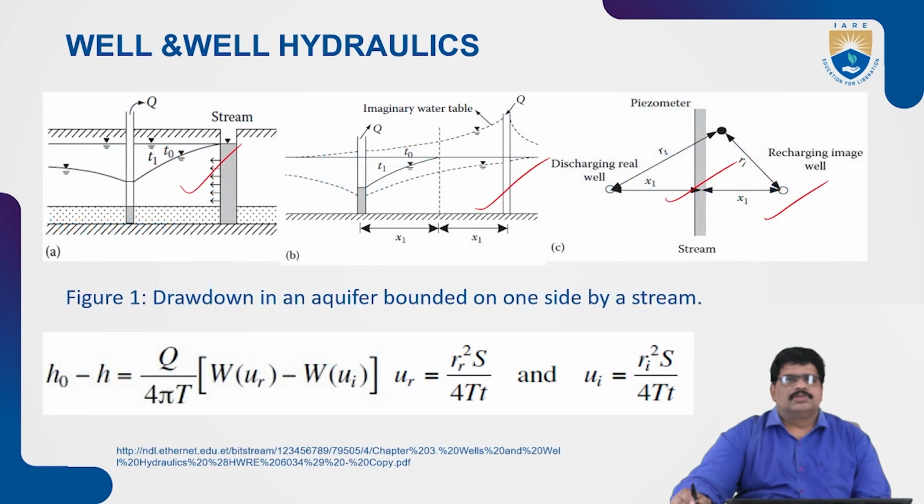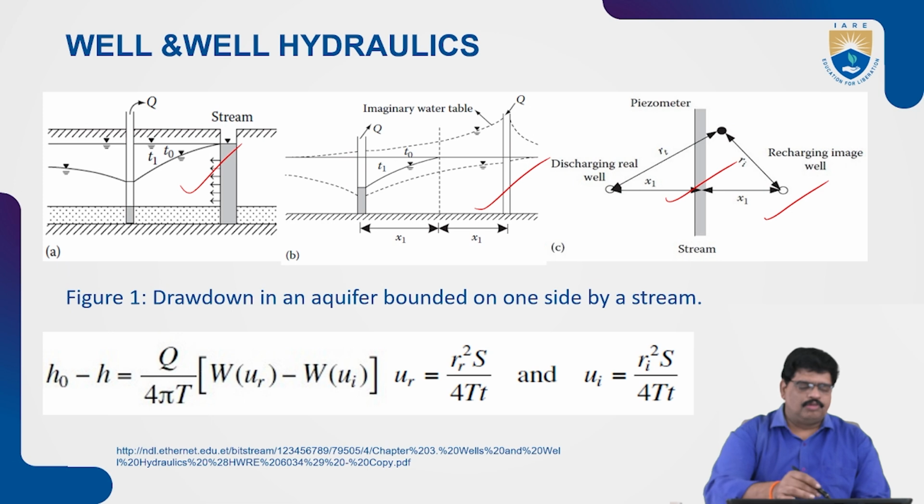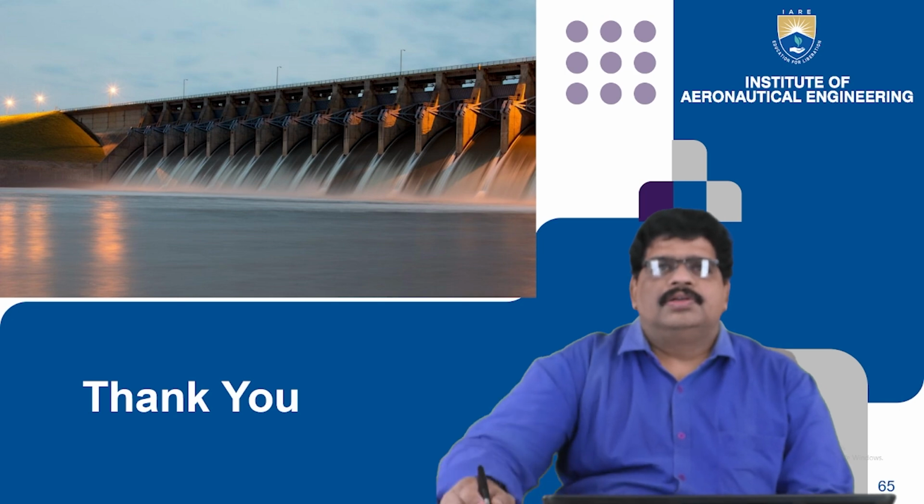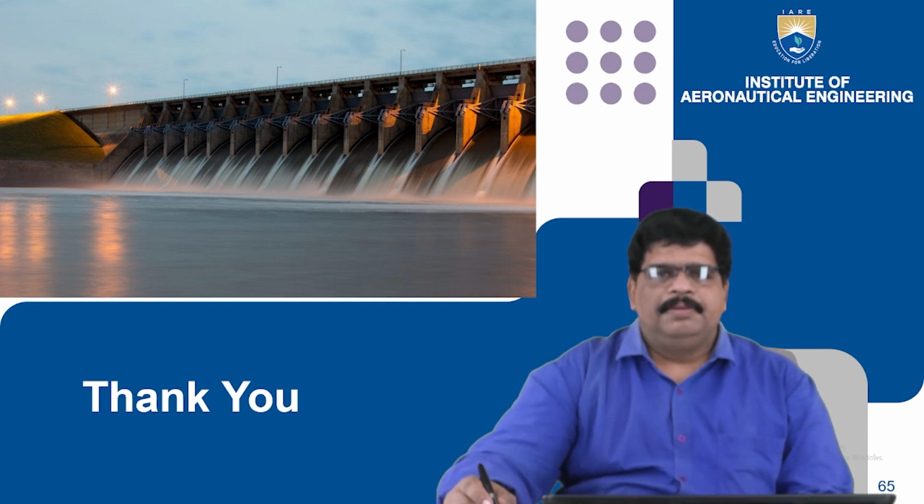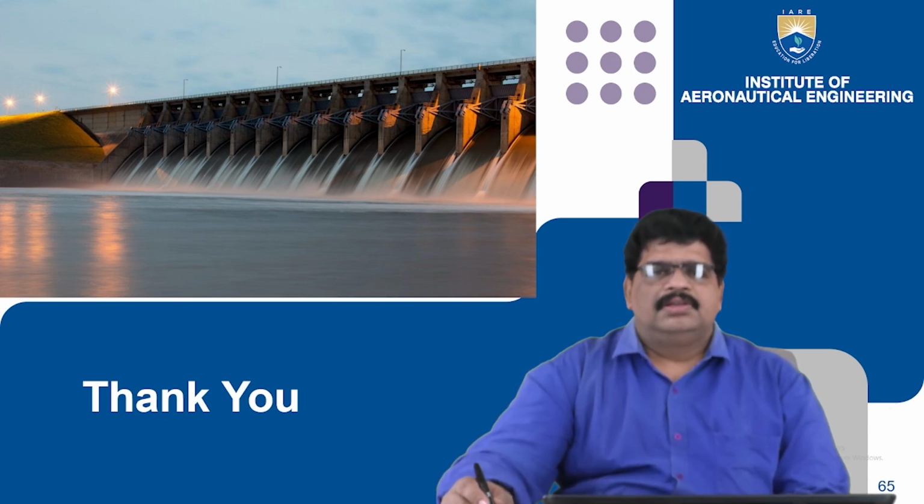So H0 minus H is equal to Q by 4 pi T, W of u. Using this formula, u1 is equal to r1 squared S by 4 T t. So this is briefly about well hydraulics.